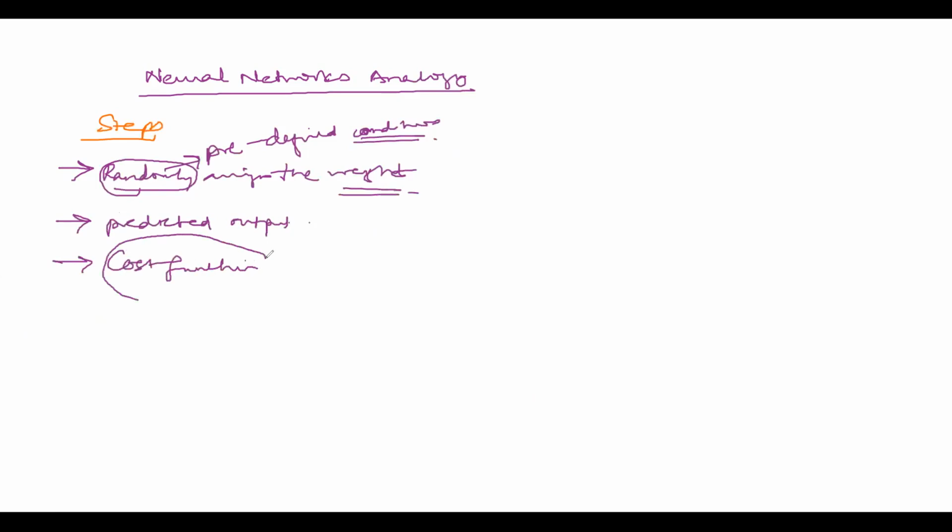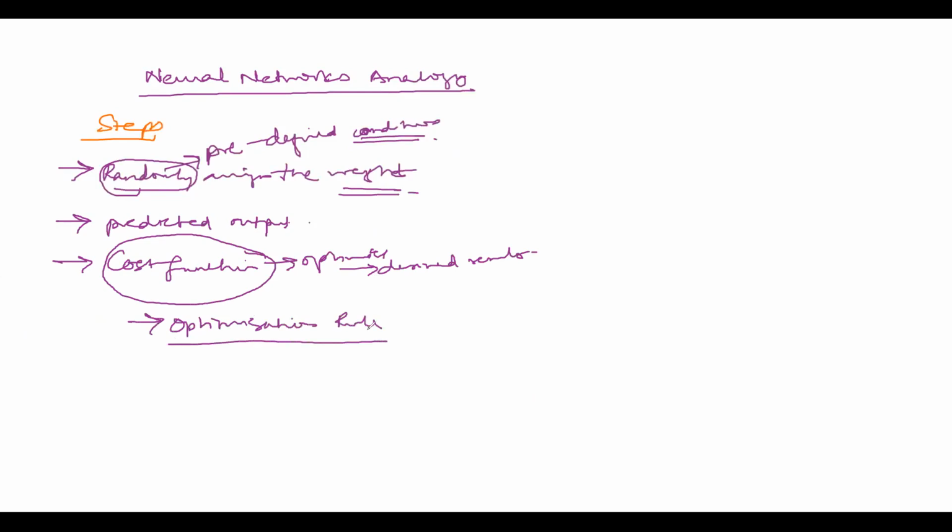Because this is the main function which will be optimized to get the desired result. How will this cost function be optimized? Using an optimization rule. What optimization rule have we understood? Gradient descent.